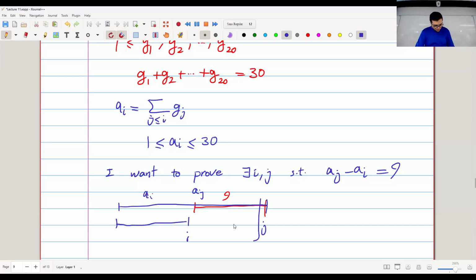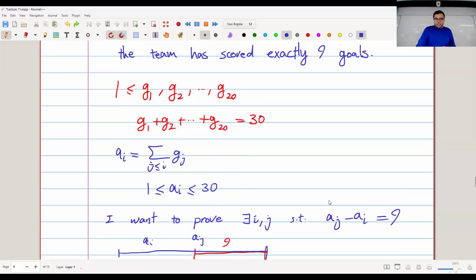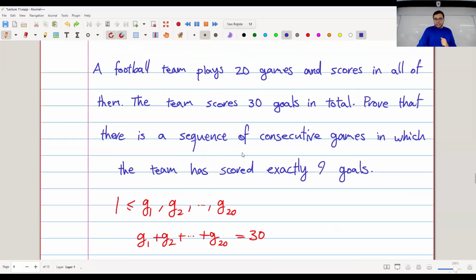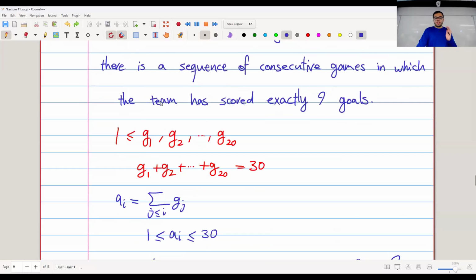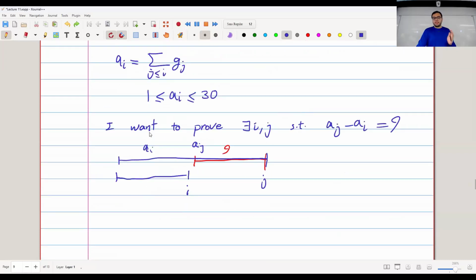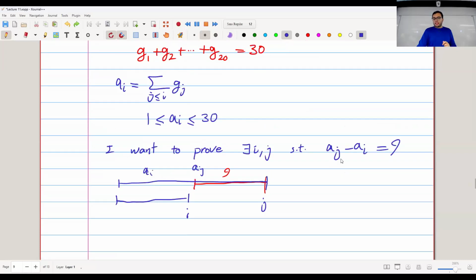So in this consecutive part, I have scored Aj minus Ai. And I'm saying prove that there is a sequence of consecutive games in which the team has scored exactly 9 goals. So this is the same as saying prove that there is an Aj and Ai such that the difference is exactly 9.